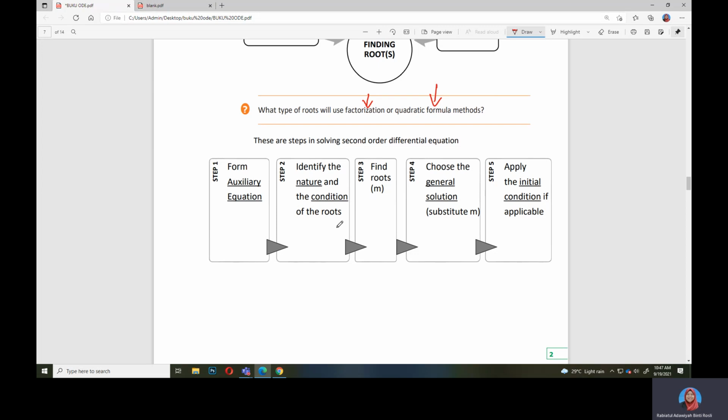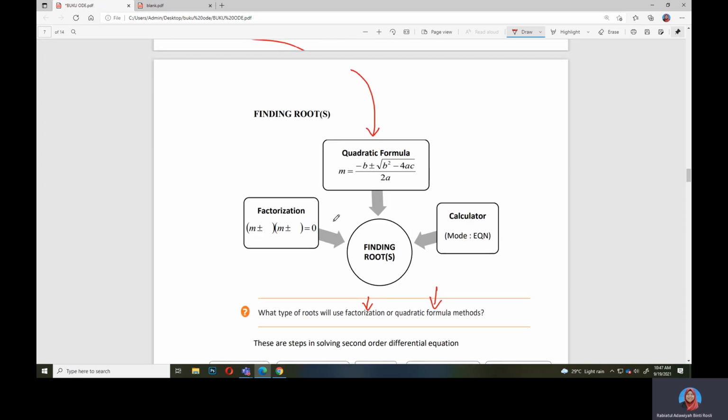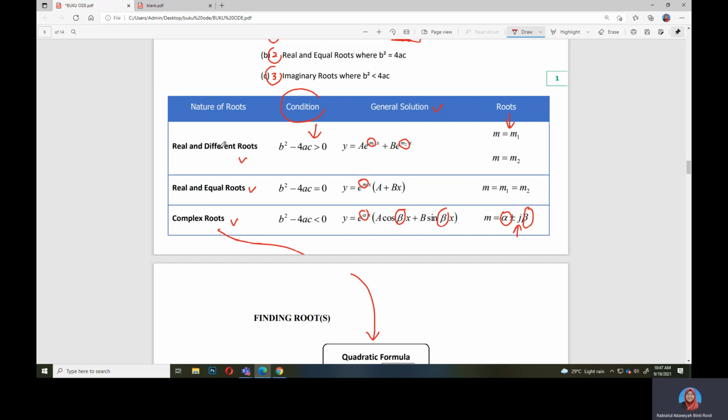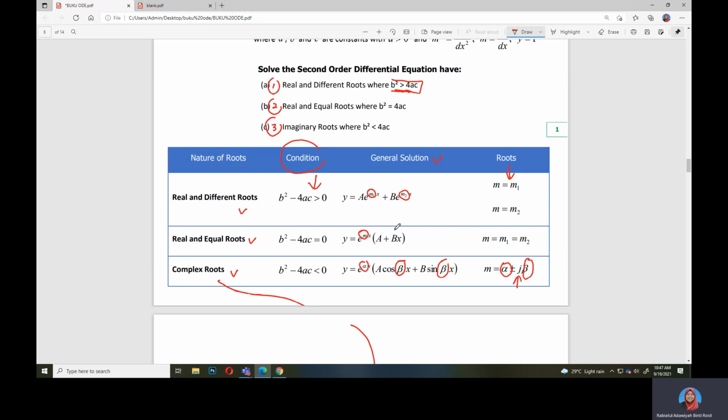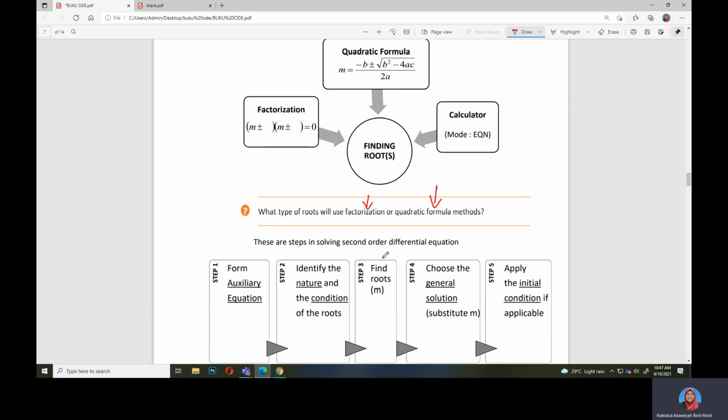We have to find the nature and the condition because we want to know which general solution is suitable for the equation. So you have to apply this: b squared either greater than, equal to, or less than 4ac.